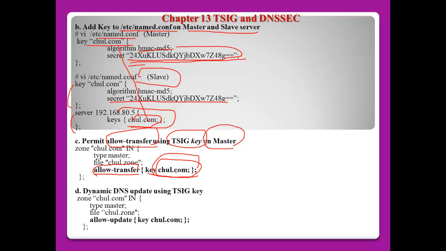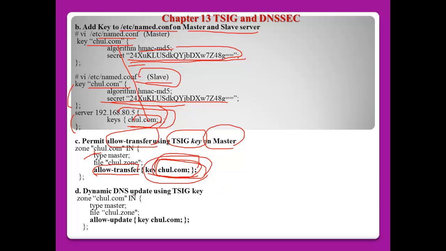Then only the data for this zone will be transferred to the slave with this key. For example, in my case, the slave has this zone chol.com. So this slave will be transferred this zone's data from the master using this key. If this key is different, then the slave will fail to receive this data from the master.